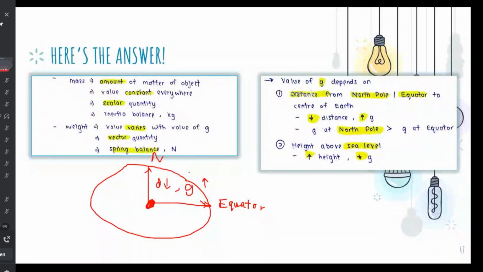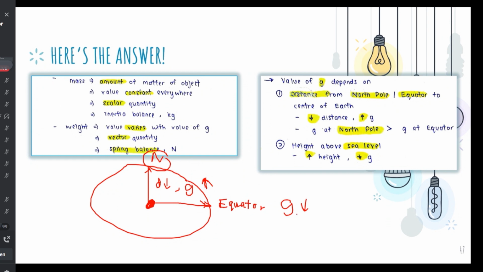There will be a stronger gravitational pull. The nearer it is, the stronger the gravitational pull, and that's the reason why the North Pole has a higher gravitational acceleration. For example, I think it's 9.8-something, and as compared to the equator, the gravitational acceleration will be smaller because it is further.